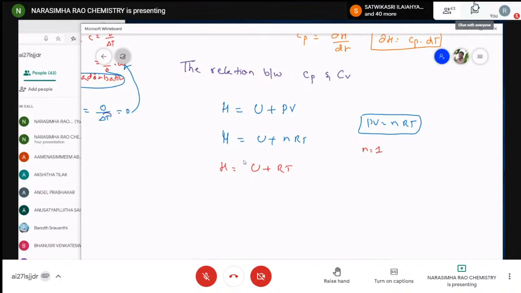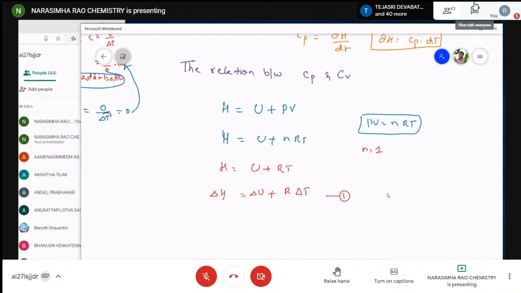Now change its representation: delta H is equal to delta U plus R constant delta T. This is equation 1.